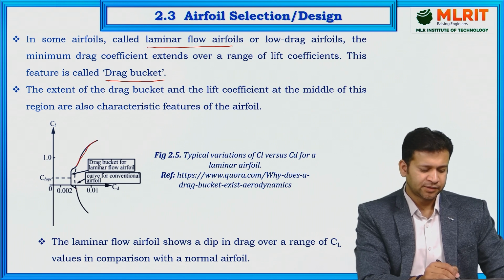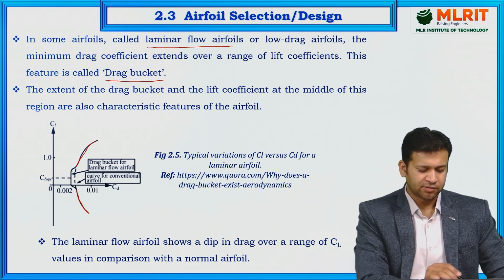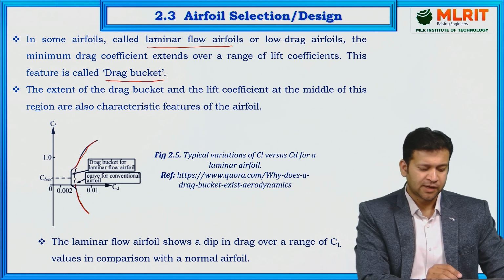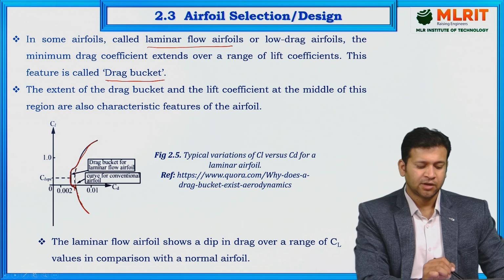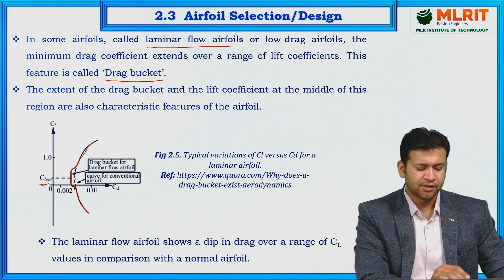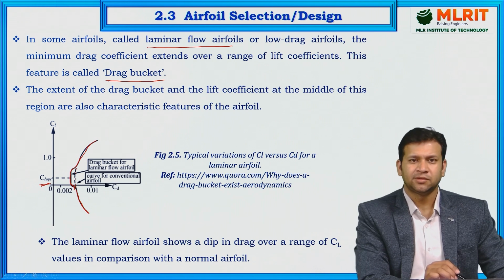If it is having a bucket, right, if there's a drop here, there's a depth here, this is the actual curve, but if it moves like this, then a small bucket is formed here. This is the CL at that point, right.